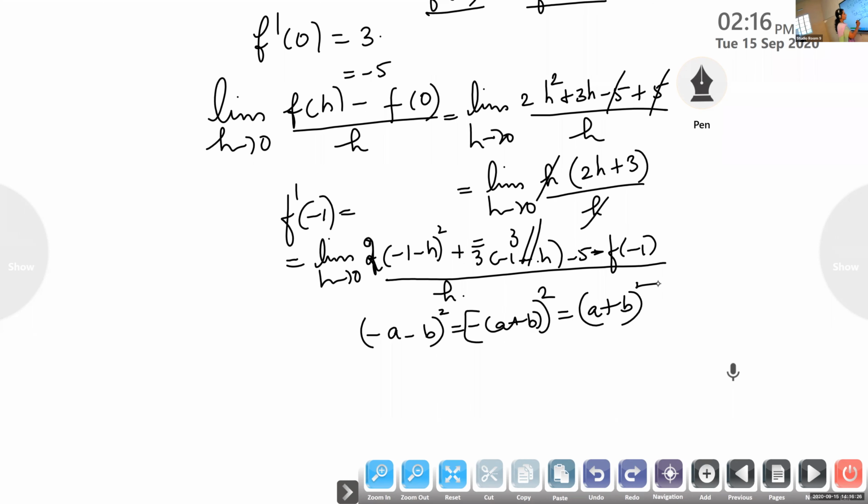If both the terms are negative, you can take the negative as common and it is same as a plus b the whole square. So now simplify this and find out what is f dash of minus 1.